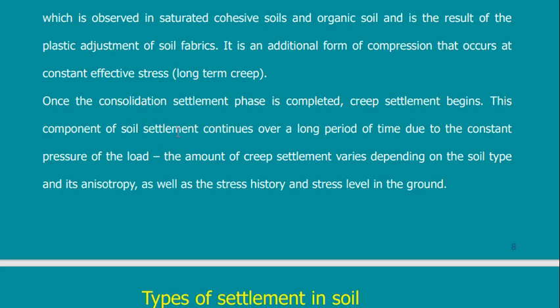This component of soil settlement continues over a long period of time due to the constant pressure of the load. The amount of creep settlement varies depending on the soil type and isotropy, as well as the stress history and the stress level in the ground.